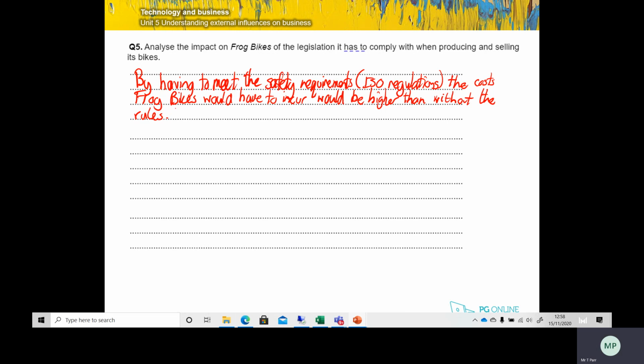For example, fitting chain guards, and the time taken for handlebar checks.